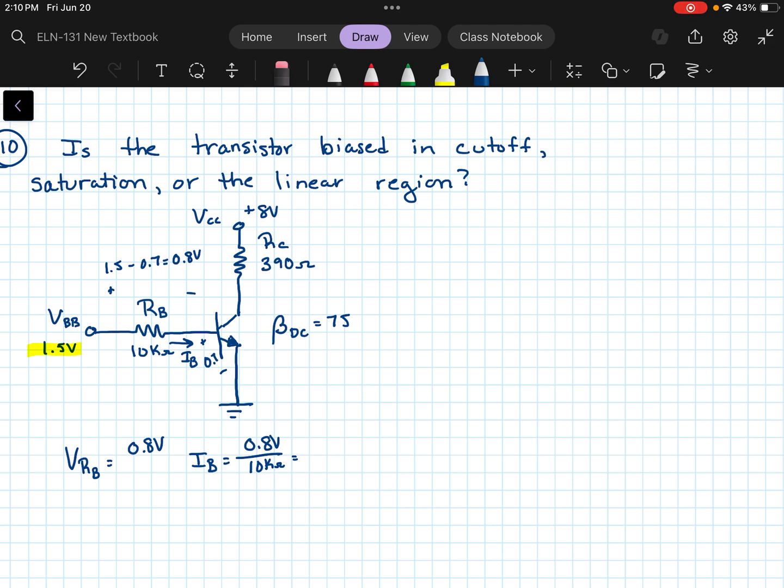Okay, so 0.8 divided by 10K would give us about 80 microamps. And that should be enough, of course, to turn on our transistor. So I don't think it's in the cutoff region.